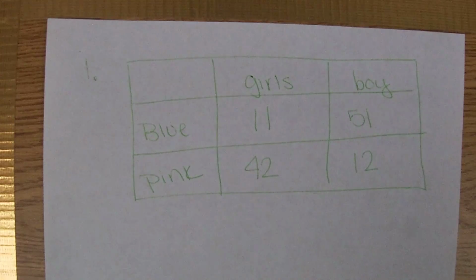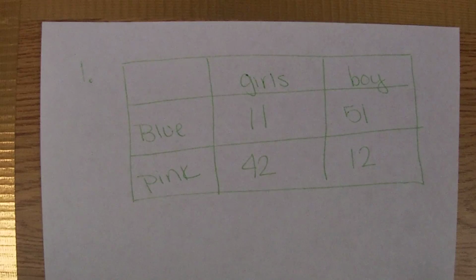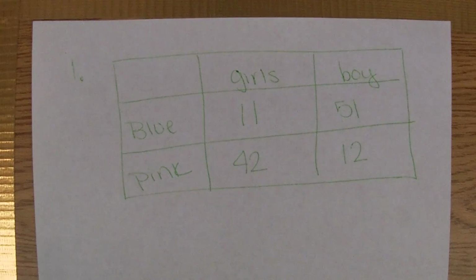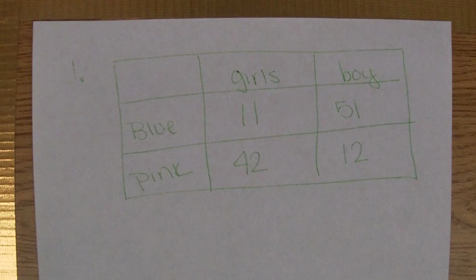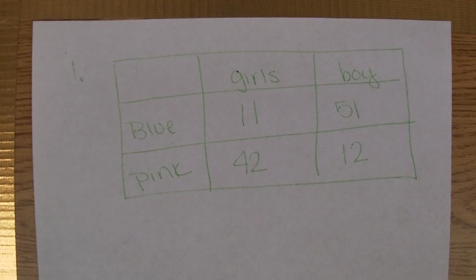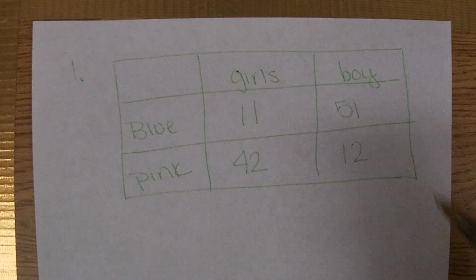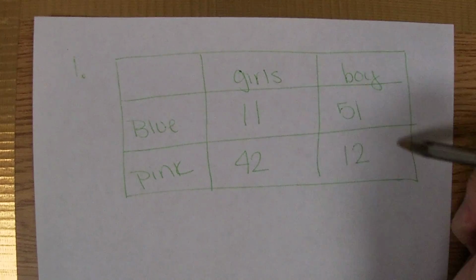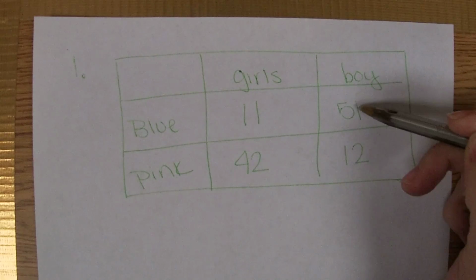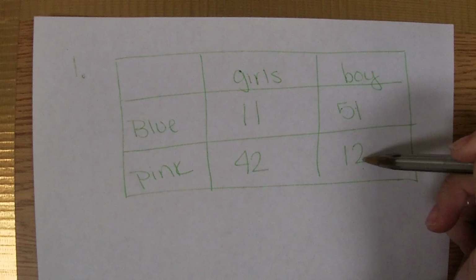I'm going with the stereotypical boys and girls, blue and pink. If we wanted to find the number of boys who participated in the survey, we're just looking at a simple column and adding these numbers up.